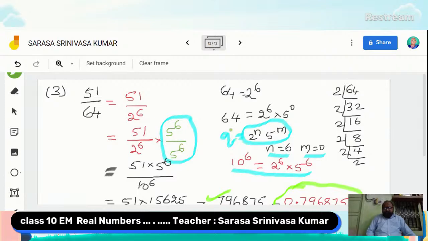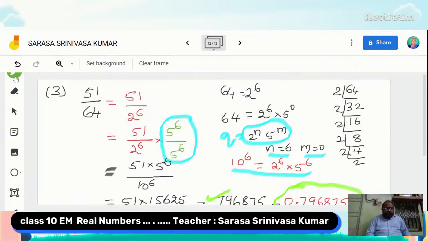Why? Because the denominator q should be expressed in the form 2 power n 5 power m. So here n equal to 6, m equal to 0. That is, the power of 2 is 6, the power of 5 is 0. To get 10 power 6 in the denominator, 2 power 6 must be multiplied by 5 power 6.